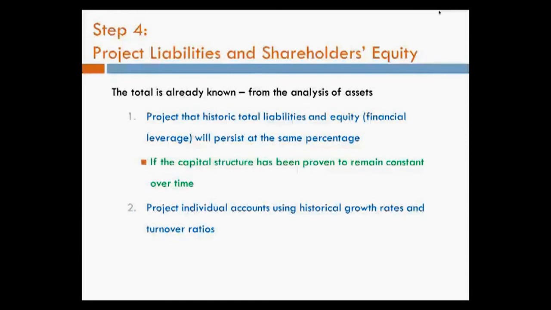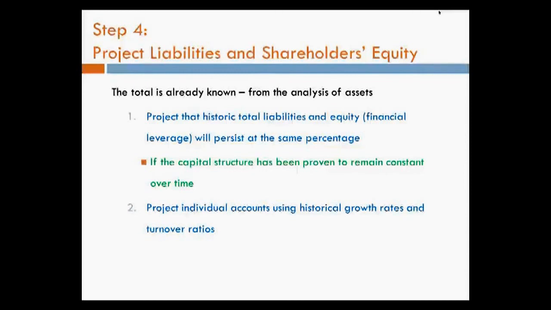And now you have a choice here. It has to do with the capital structure, leverage, financial leverage. There's a certain ratio of liabilities to shareholders' equity that persisted over time. You believe that ratio will continue to persist in the future, whatever their leverage is.